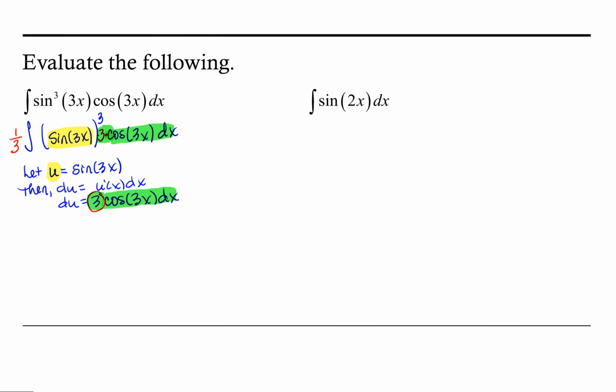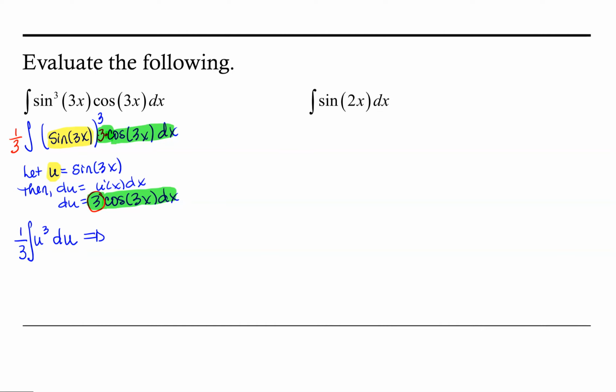So I can rewrite this integral as 1/3 integral u cubed du. And notice I got to this basic integral a little bit quicker than when I used u as 3x.